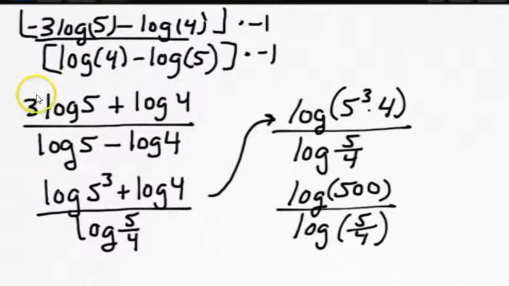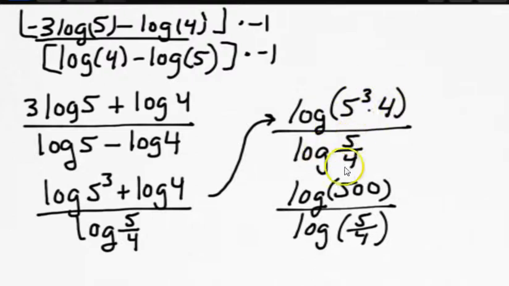Using our log properties, I can do the rainbow rule in reverse, and instead of bringing the exponent out front, I can put it back on the 5, so this would become log of 5 to the third plus log of 4, and then using our subtraction log property, this would become log of 5 divided by 4. Because these two logs are added, I can multiply their arguments, so that becomes log of 5 to the third times 4, which is 125 times 4.